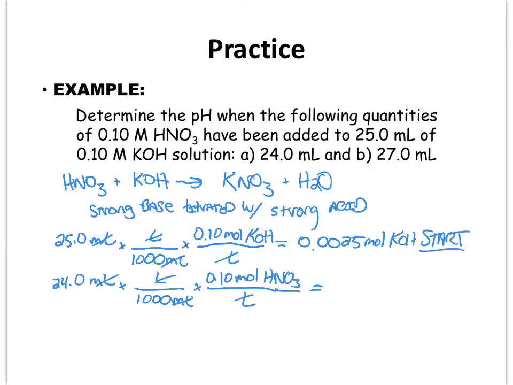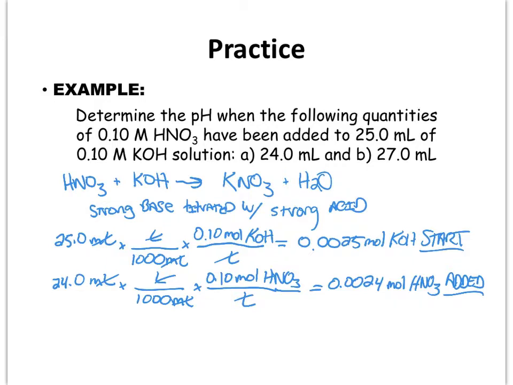And from that, I know that there's 0.0024 moles of my nitric acid that I added. Again, I like to label this so that I can keep myself going here and not mess up these problems. So I started with 0.0025 moles of KOH. I added 0.0024 moles of acid.